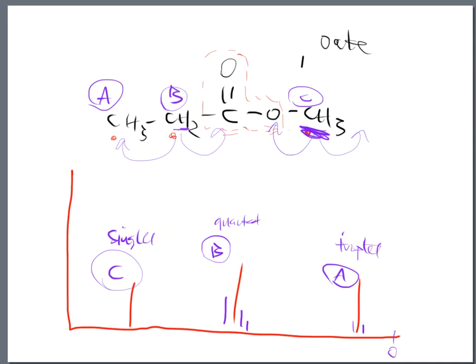Now, there is a proper term that comes along with this, and this proper term is called multiplicity. Did you ever watch that movie? Is that what that movie was called? Multiplicity, with Michael Keaton. So multiplicity, we're referring to the terms of singlet and quartet and triplet and multiplet and those types of words.